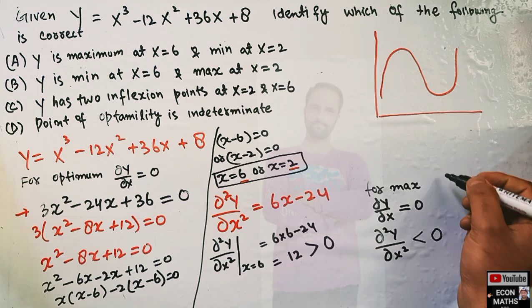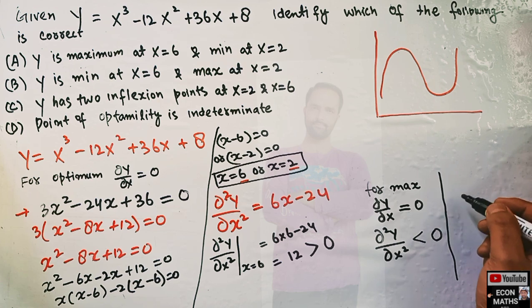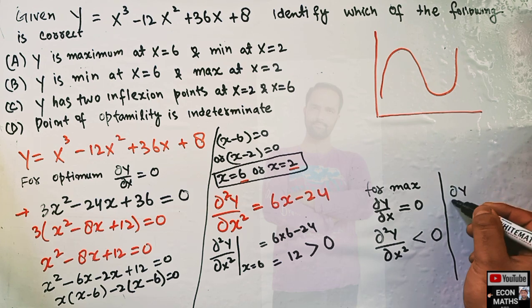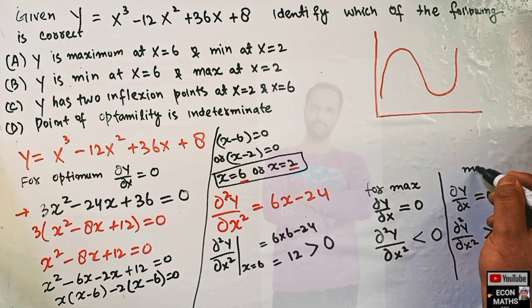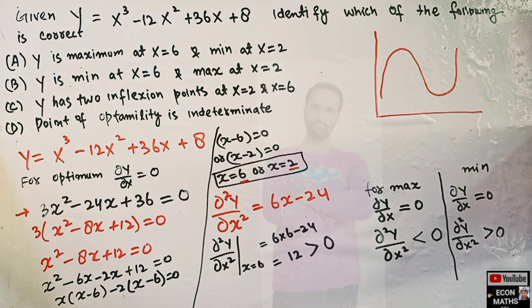So this is for maxima, and for minima we have the same thing. dy upon dx should be equal to 0, and d square y upon dx square should be greater than 0. This is the condition for minima.